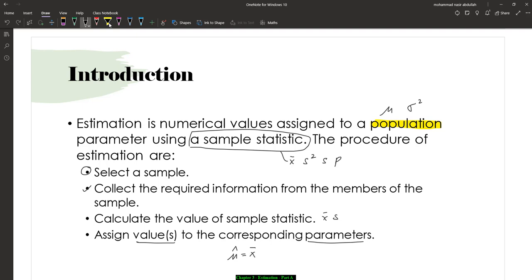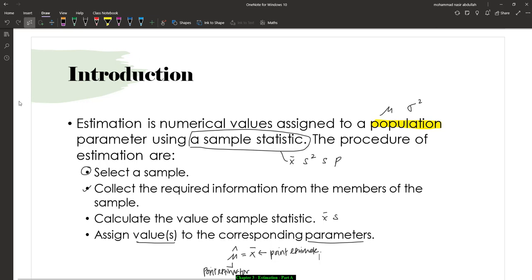This mu hat is what we call the point estimator, and the value corresponding to X bar is what we call the point estimate.